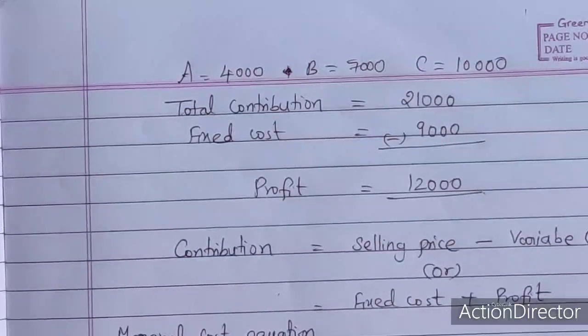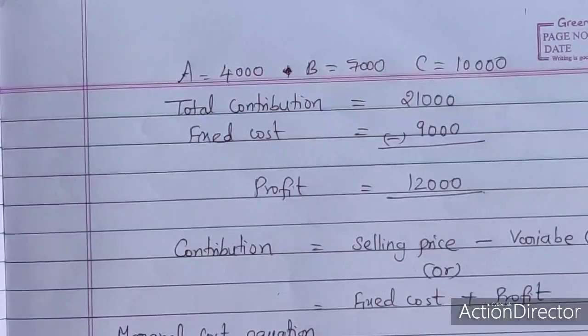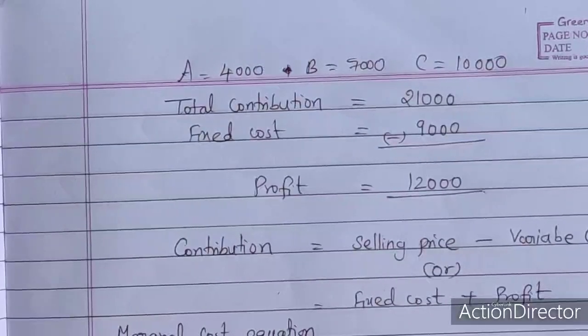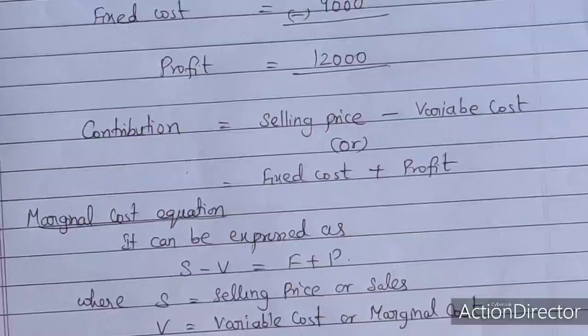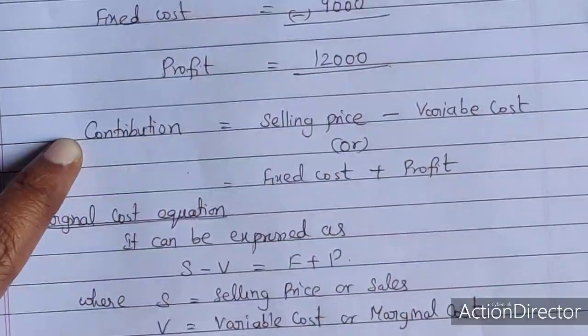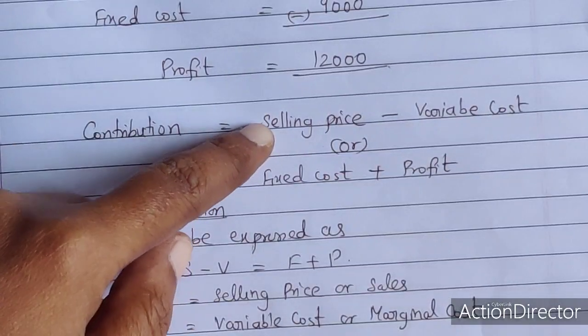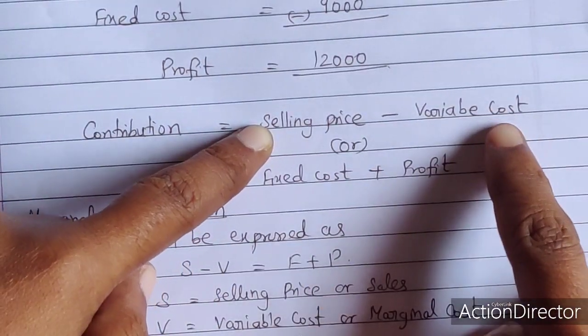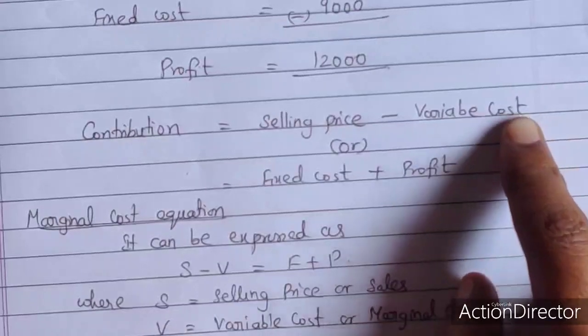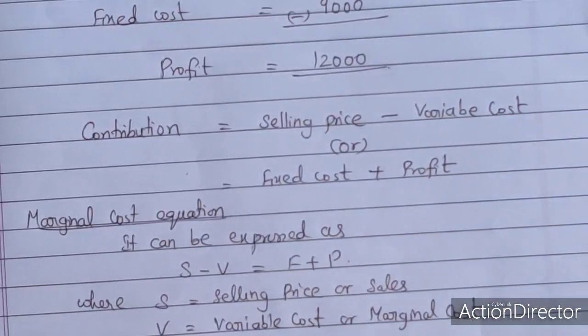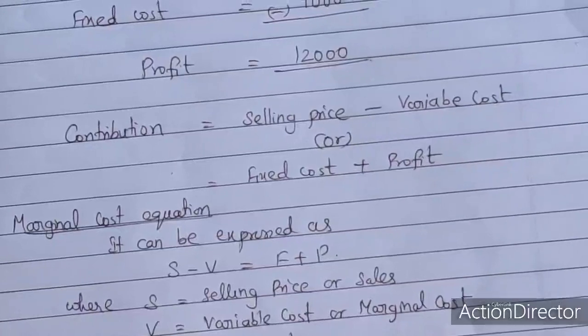Calculating the total cost in this manner will give you the correct results. Here we will have some formulae. Contribution is equal to selling price minus variable cost. Variable cost is also nothing but the marginal cost, where we will consider only the variable overheads.